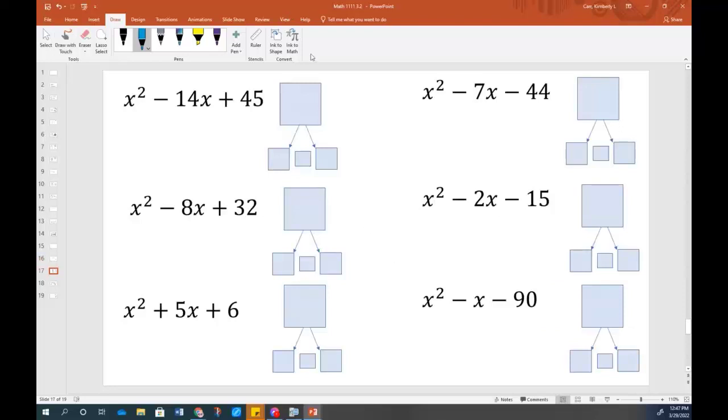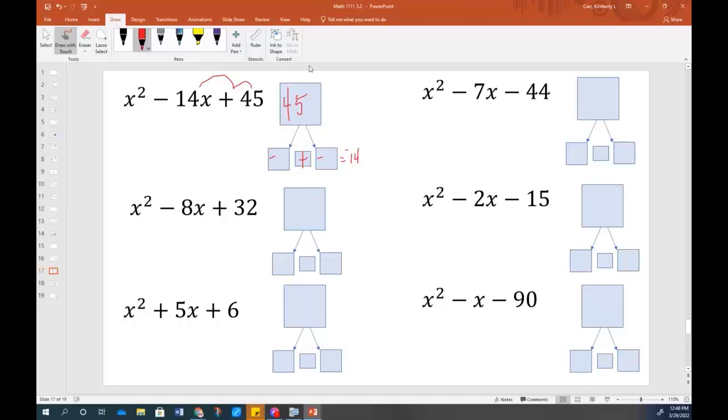I'll go through these pretty quickly, because again, it's going to be that bounce back all the time. What multiplies to 45 and adds to give me negative 14? Now, the only way you're going to get two numbers that add to a negative is to make both numbers negative. A negative and a negative is going to give me the negative.